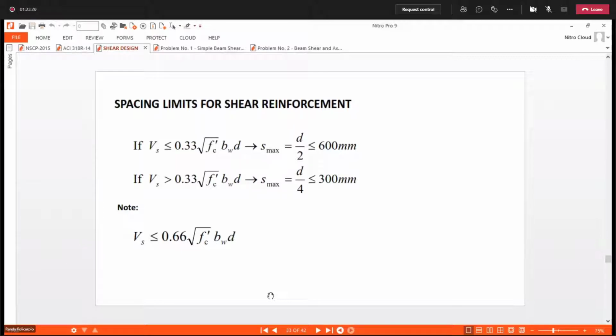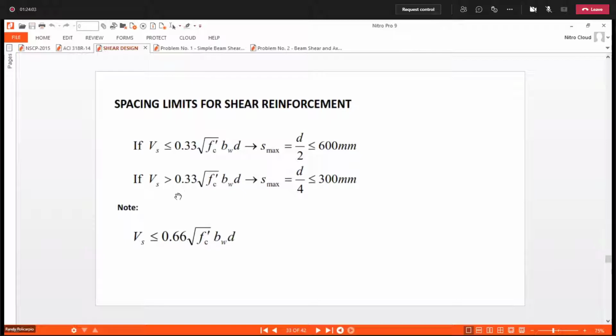Okay, when solving for the spacing, we need to test the following. In solving for the maximum spacing of stirrups, you need to compare this. Kapag yung VS mo is equal or less than 0.33 of this quantity, ito yung i-consider natin: d over 2 must be equal or less than 600. Ibig sabihin, whichever is smaller of these two, siya yung magiging S max mo.